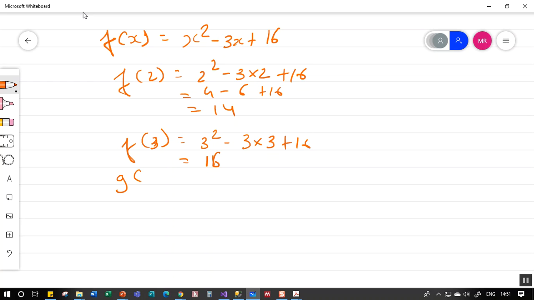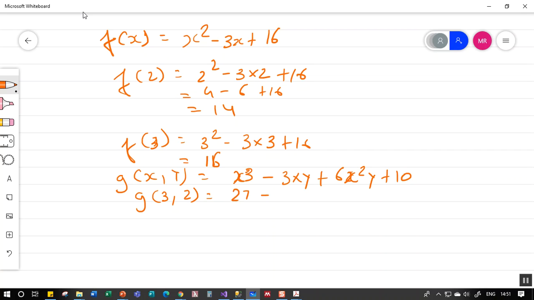g of x comma y equals x cube minus 3 into xy plus 6x square y plus 10. Now if I say g of 3 comma 2, what will it do?